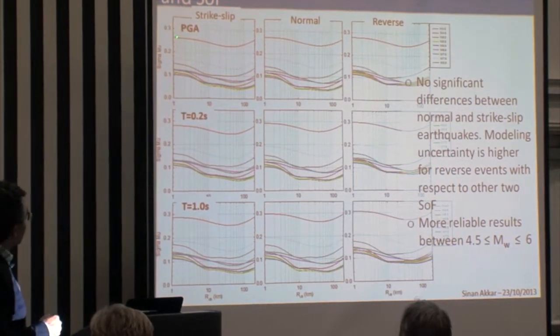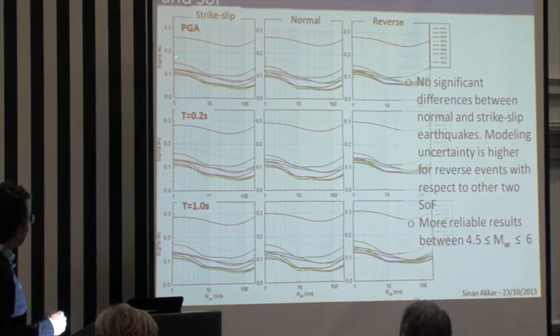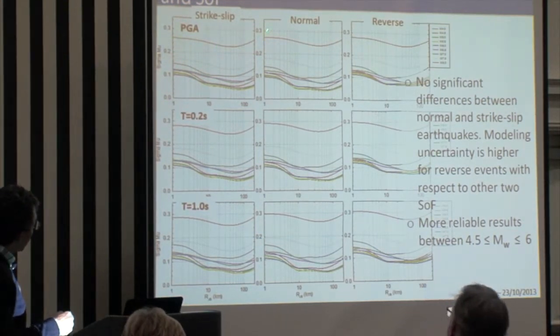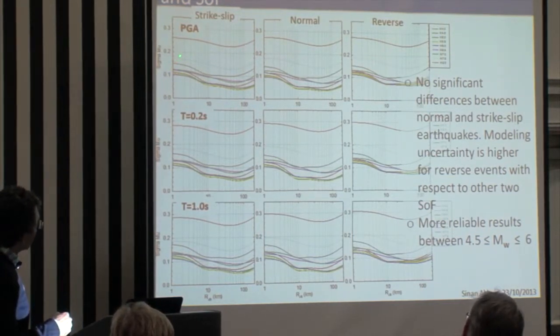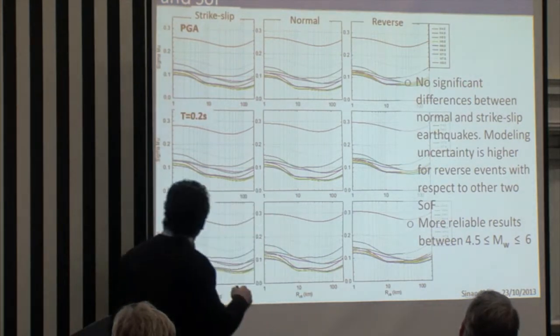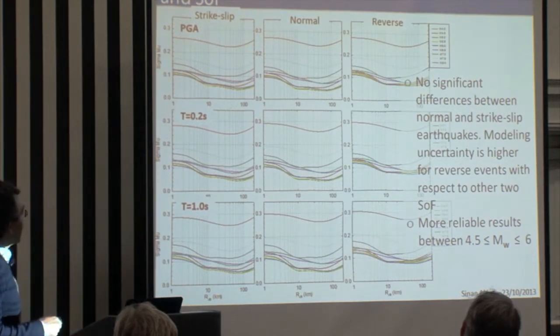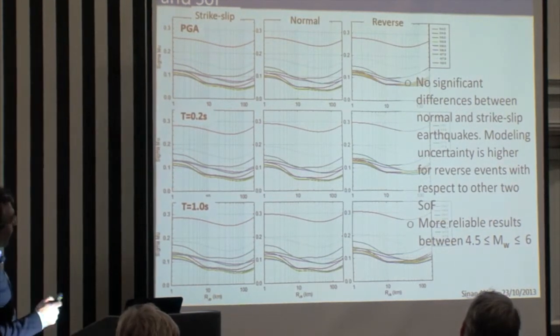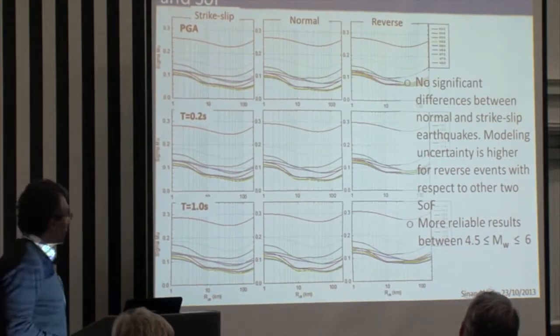This one here shows sigma mu for magnitude 6, this is for magnitude 8, this is for magnitude 7.5, and this black curve is for magnitude 4. What you observe in a general sense is that for strike slip and normal, the behavior of sigma mu is quite similar. For reverse, it's a little bit higher.